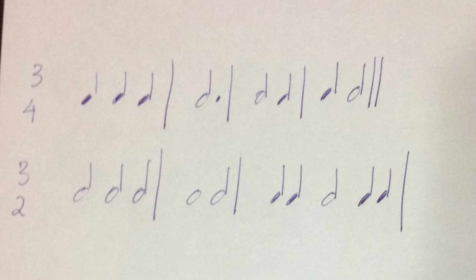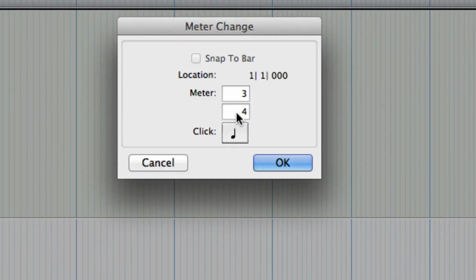But if you look at the differences between these two numbers, the top number really defines your song. It defines the music. It defines how you've composed it. The bottom number, in my opinion, just defines how you write it on musical notation or on a sheet of paper.